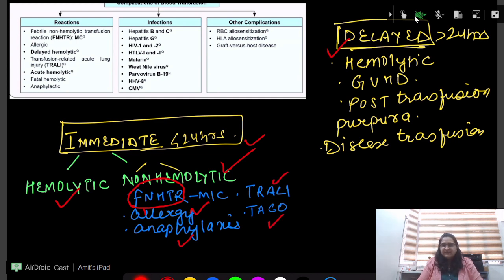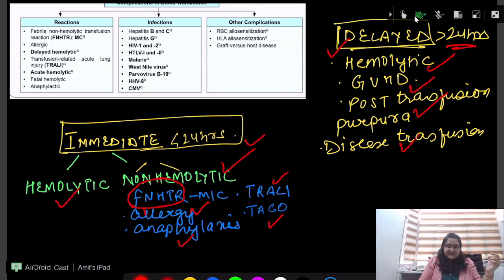We will tell you what it is. Delayed occurs after 24 hours. Immediate is before 24 hours. Delayed complications after blood transfusion can be hemolytic, GVHD, post-transfusion purpura, and disease transmission. In hemolytic, obviously hemolysis is occurring because of ABO incompatibility.